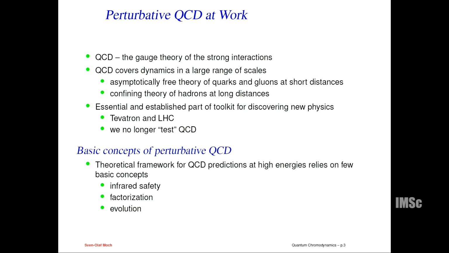If you want to use QCD at a collider, there are actually not so many things that you have to know. There are a few basic keywords. The first is infrared safety, the second is factorization, and the third is evolution. If you grasp the underlying physics, then I think you're good to go, and you're ready to do LHC phenomenology.